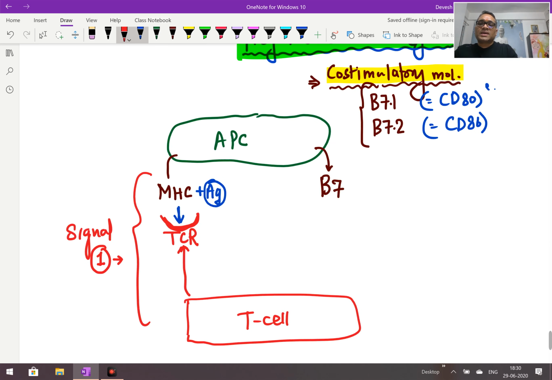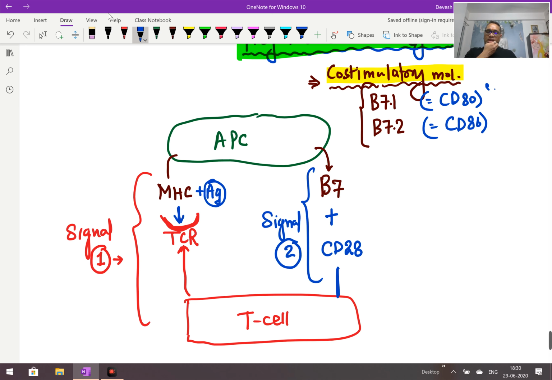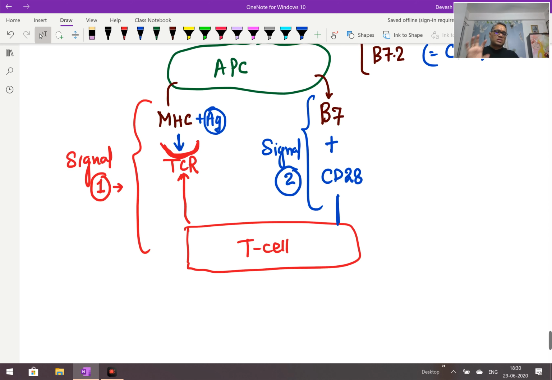For that, the T cell has another receptor called CD28. CD28 will combine with B7, and after combination there will be formation of signal 2. So now you can see signal 2 has been completed. These are the basic immunological concepts we have to understand. Only signal 1 completion will not activate the T cell.